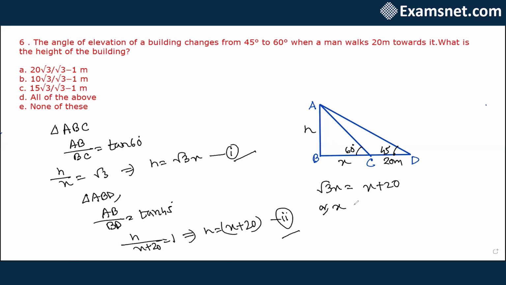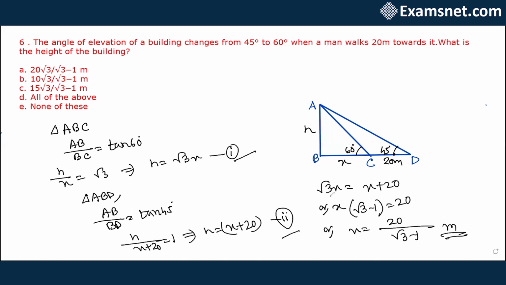Let's take x common: x times (√3 minus 1) equals 20. Or we can write x equals 20 by (√3 minus 1) meters.